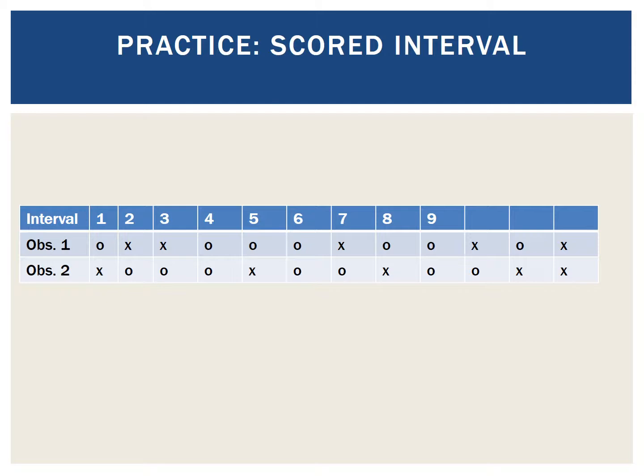With 10 intervals, our agreement is going to be 80%, even though I wasn't even observing. So it's artificially inflated. By not counting intervals where neither of the observers recorded an occurrence, I'm adjusting for the low rate of the behavior, and it's going to be a score that is not subject to the same level of inflation.